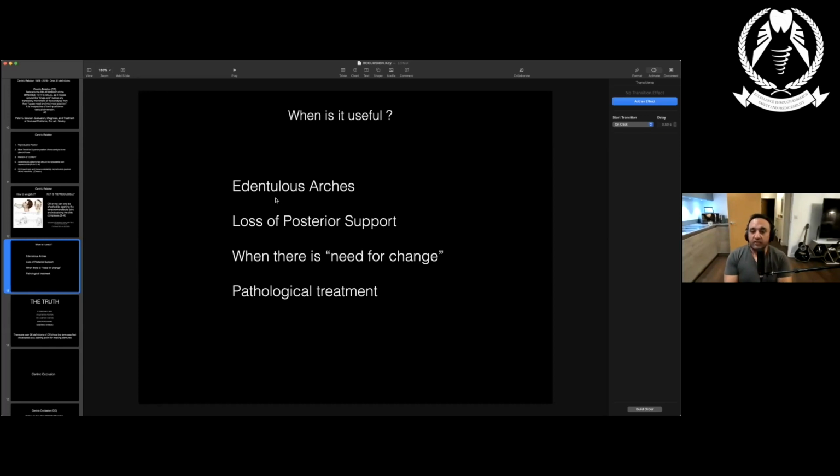When there's a need for change, you've got to find it, and any pathological treatment. So, if there's a problem in the TMJ and you're trying to solve it, and they've got TMJ-DS and there's pathology going on, which is causing discomfort to your patients, you've got to identify which area of the occlusion you can play around with. And the easiest one is the dentition at first, and see where that parafunction is occurring. Let's stop that.